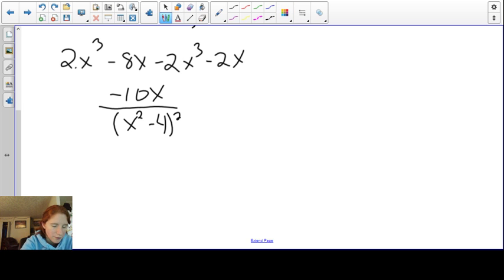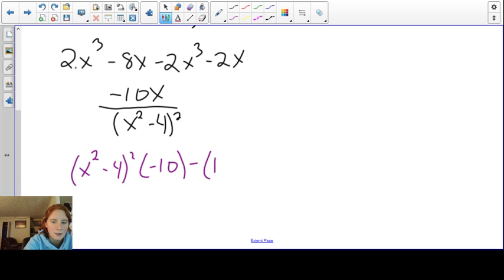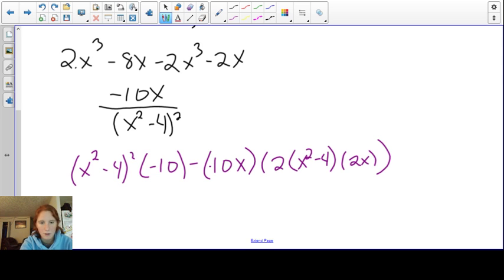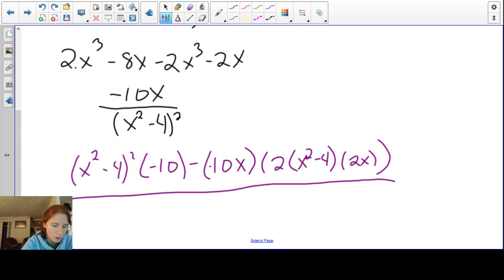Okay, second derivative now. I have low d high minus high d low. Chain rule going on. You could have, if you really wanted to, foiled the bottom out, but I really didn't want to.